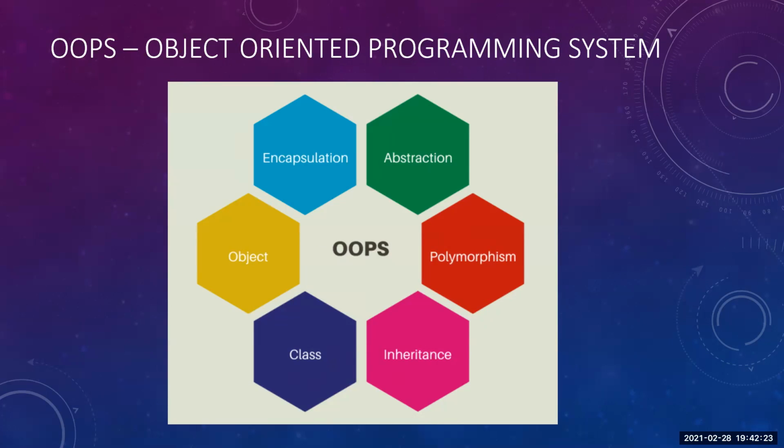A class is a template for objects, and an object is an instance of a class. Inheritance is the process by which one class can acquire the properties and functionalities of another.